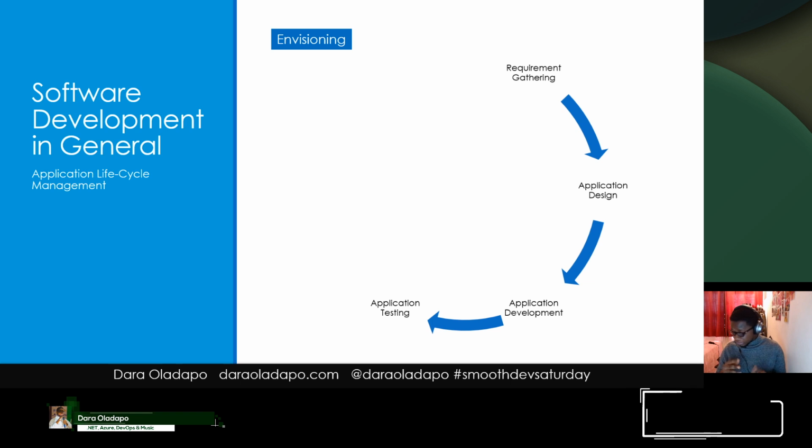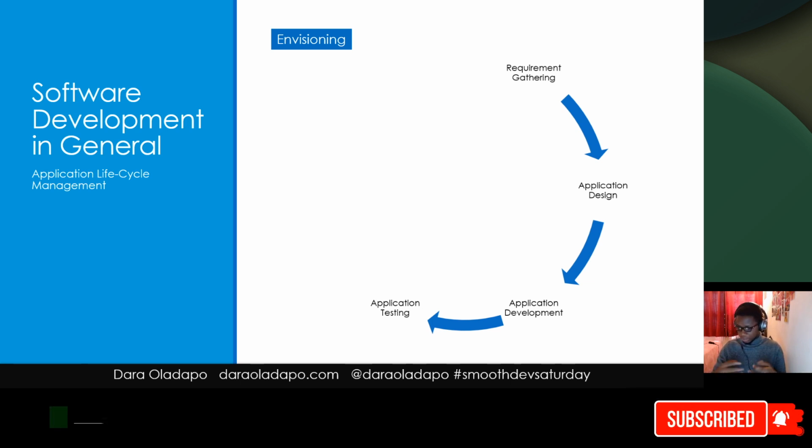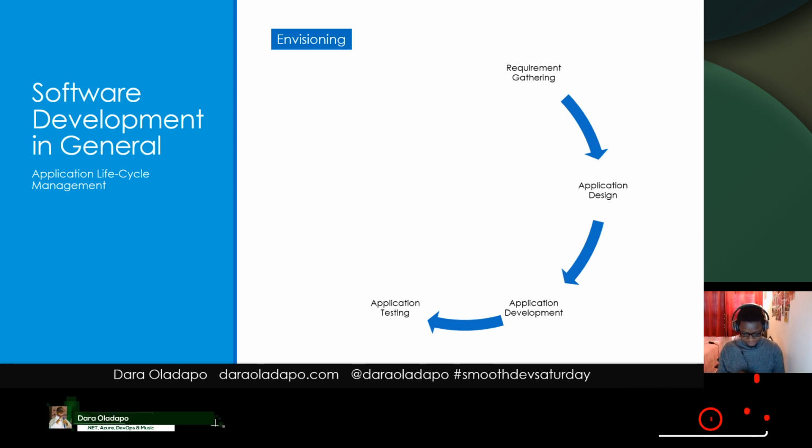Now, sometimes here, developers get to test their code, of course, because you need to make sure your code runs before you push to whoever is testing it, or else there'll be trouble.